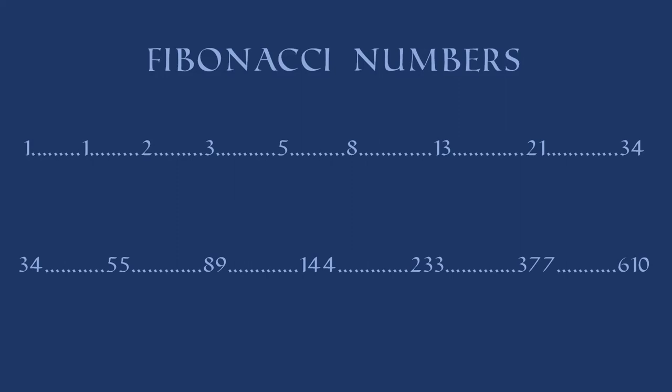And that relationship, increasingly, gets closer and closer to 1.618 to 1. But it can never actually express the golden ratio, because the golden ratio is irrational, so it can't be expressed as a relationship of two rational numbers. But it's so close, really quite early on within this sequence, that we can use this in building.